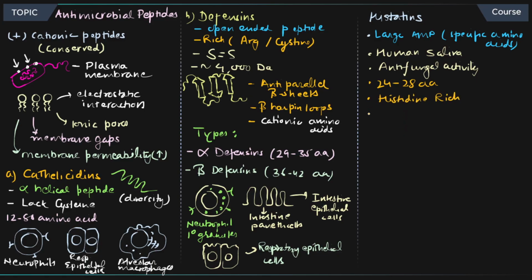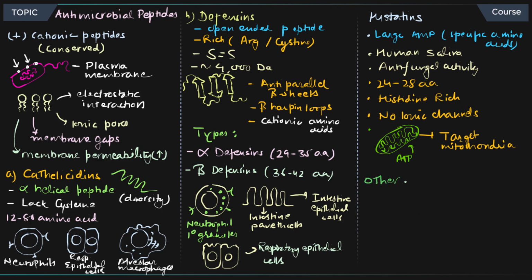Next, they are non-ionic: they are not able to form ionic channels. That's a separate characteristic of these peptides. They target a specific organelle. Can you recognize that? It's the mitochondria, the ATP-producing organelle. They target the mitochondria, which is essential for various structures, and that's why antifungal activity is there.